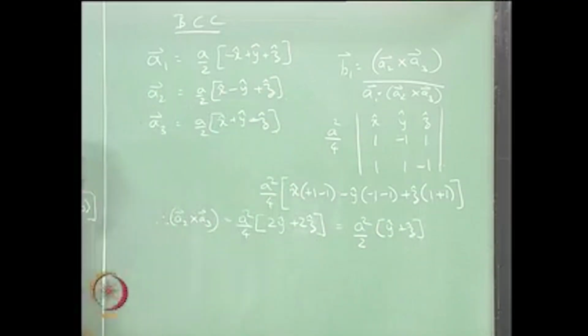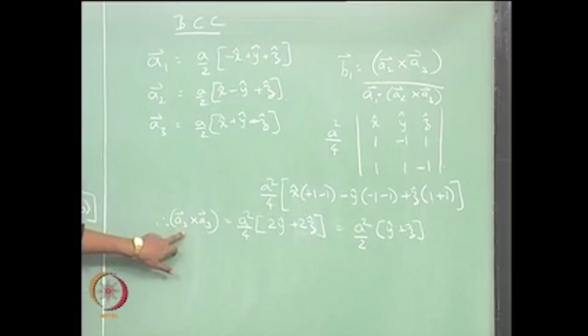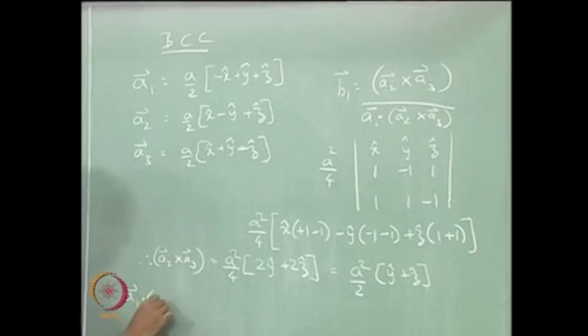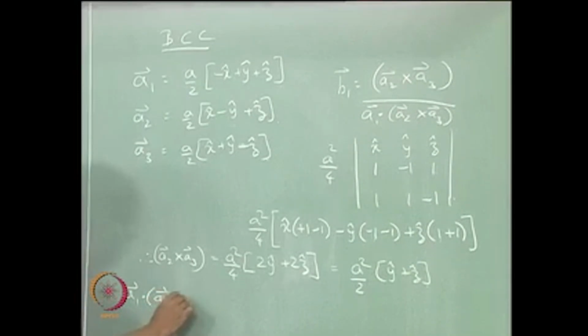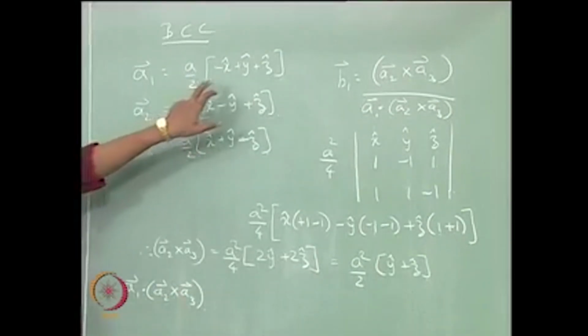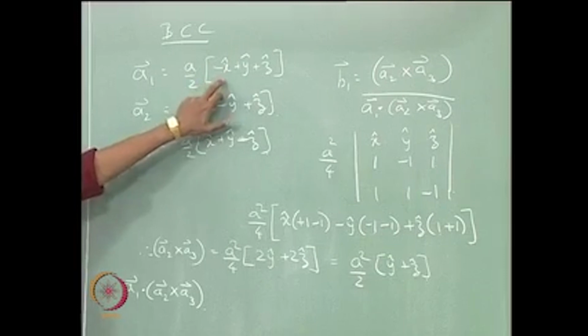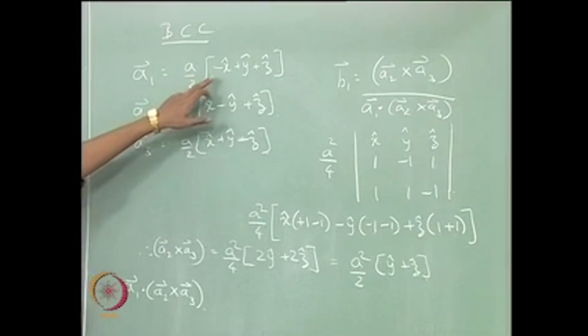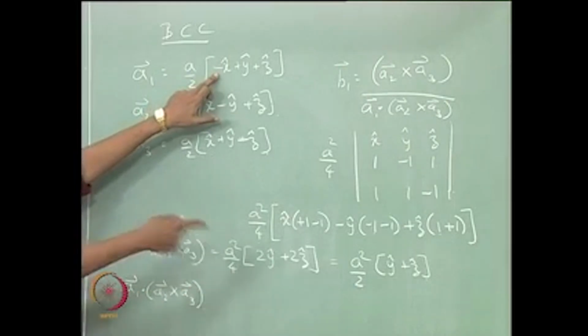That is the cross product A2 cross A3, and the denominator is A1 dot A2 cross A3. So that is simply the dot product of this A1 that we have here and this A2 cross A3 that we have already seen. There is an x component here, there is no x component there, so that goes away.